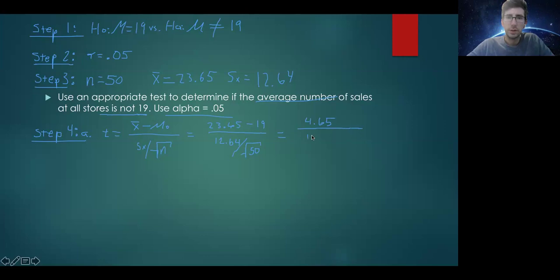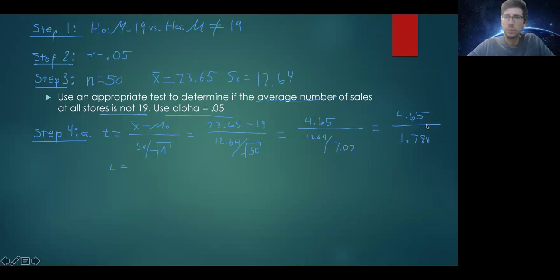And then let's just take the square root of 50 as well. The square root of 50 is 7.07, some change. So 4.65, we'll leave that in the numerator. Now let's do 12.64 divided by 7.07. I get 1.788.